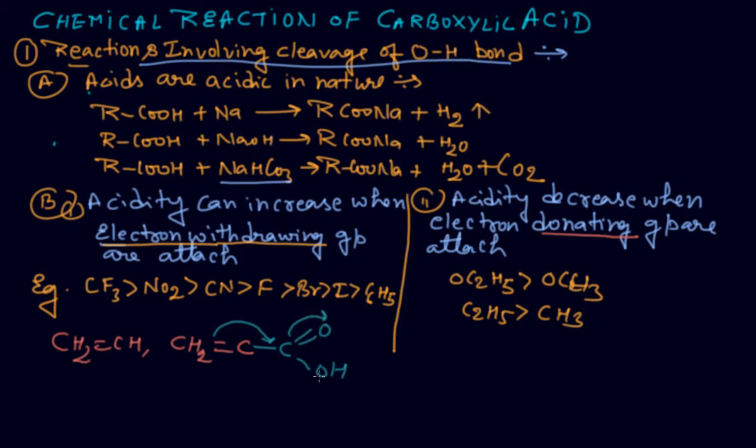Finally, electron density will increase. And if you see what is coming here, CH2 gets a positive charge, this hydrogen is also here, and CH2-C double bond C-O negative, increasing electron density, and OH.